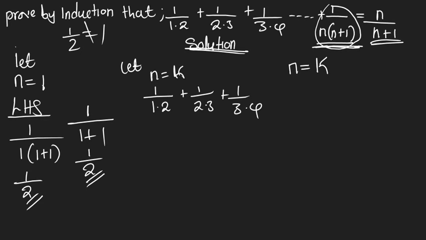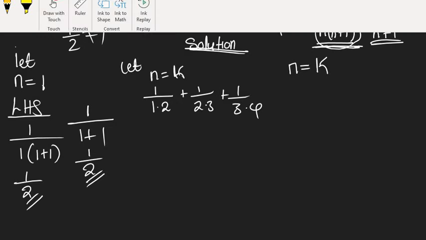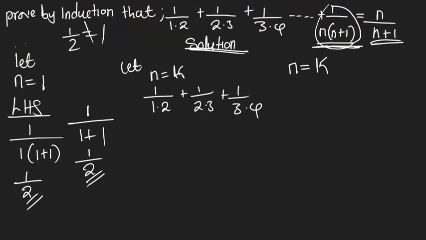You get your original equation, you rewrite it. The same way I solved that one is the same way you'll be solving all the questions. I'll replace: 1 over 1.2 plus 1 over 2.3 plus 1 over 3.4.